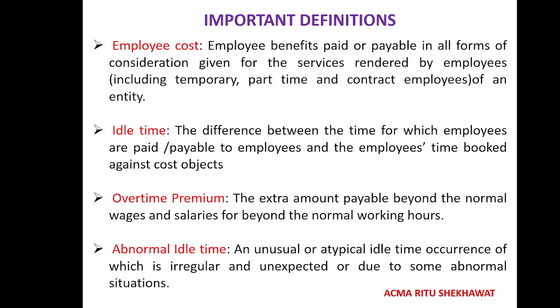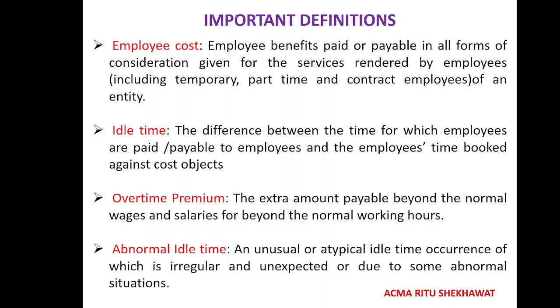Our routine work is disturbed, due to which the employee sits idle, which is not his mistake. The payment made to him is abnormal idle cost, which should be taken directly to the P&L account. Normal idle time should be adjusted in employee cost only.